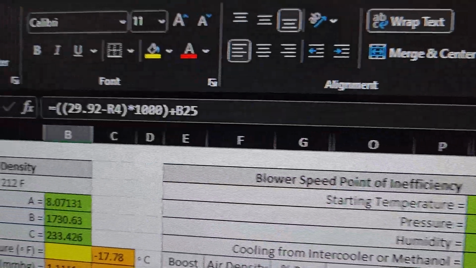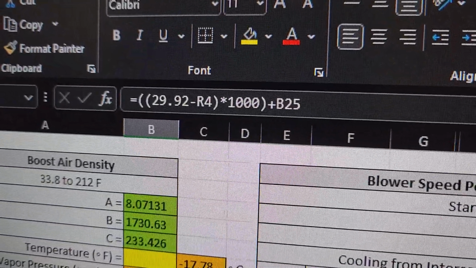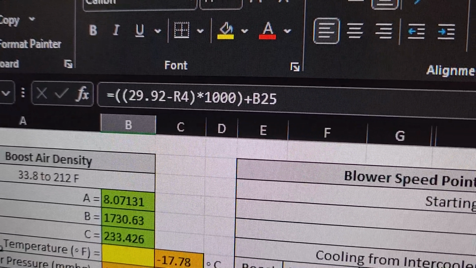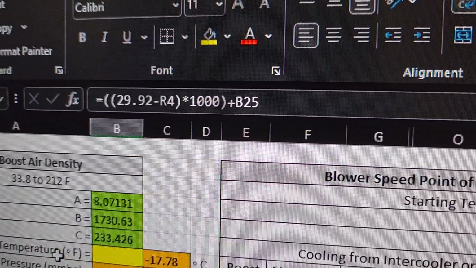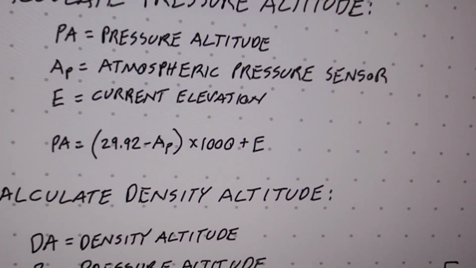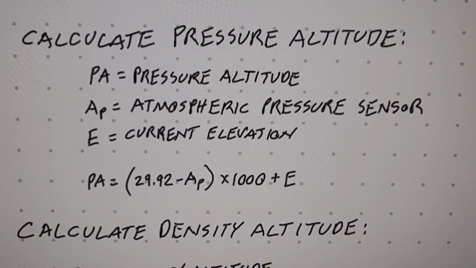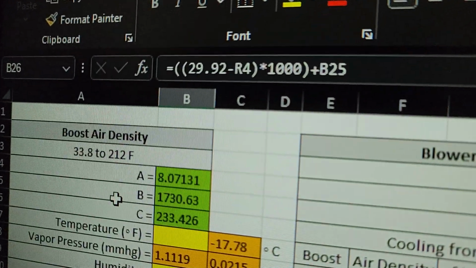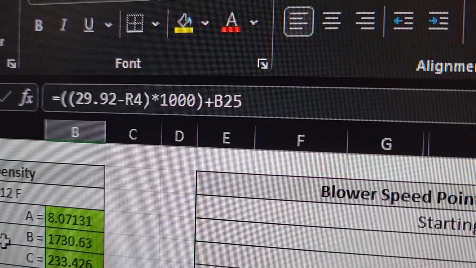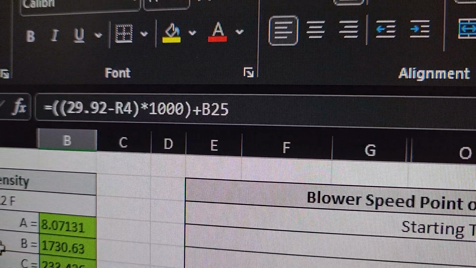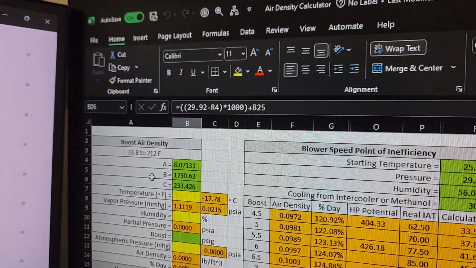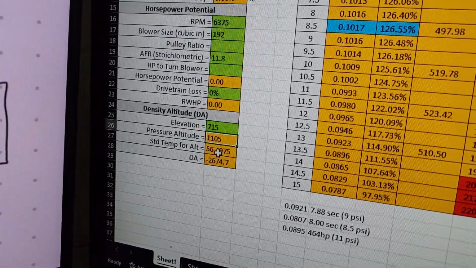So that's your 29.92 minus your AP, which is your atmospheric pressure, and then you multiply that by 1,000 and add back your current elevation. Simple formula.